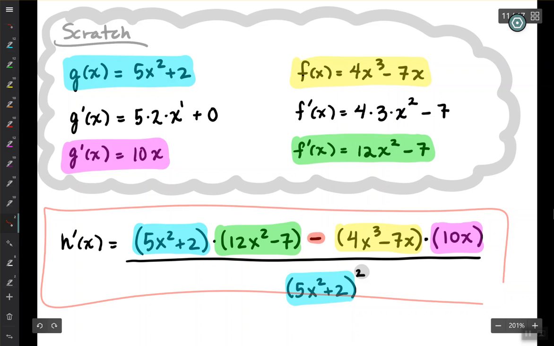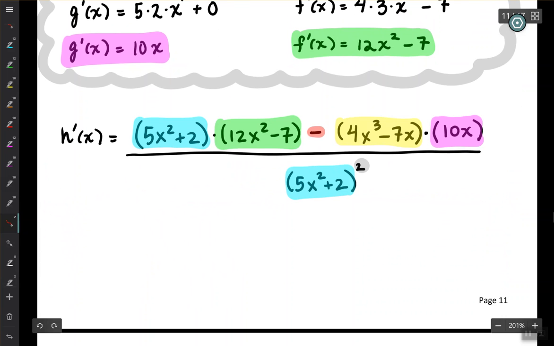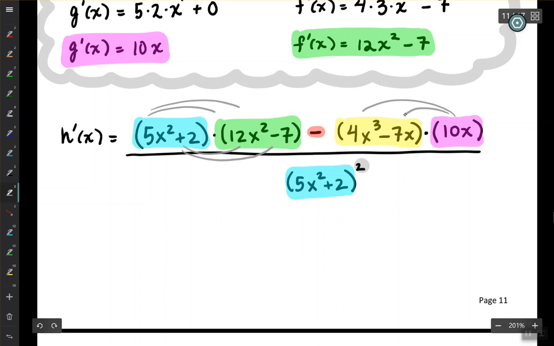Technically this is done, but let's go ahead and clean it up. I'm just going to FOIL this out, distribute this, subtract that whole thing, distributing the negative, and just see if my numerator is factorable, and if not, just leave it as it is.